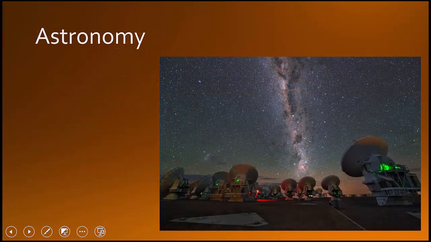The final branch here is astronomy. All right, it's astronomy, not astrology. Astrology is getting your fortune by the stars.